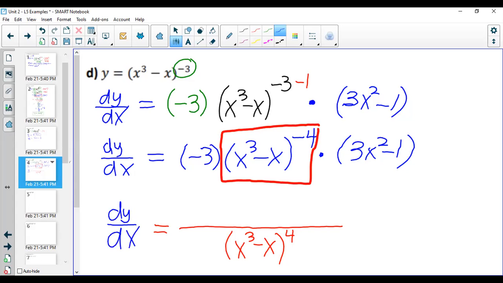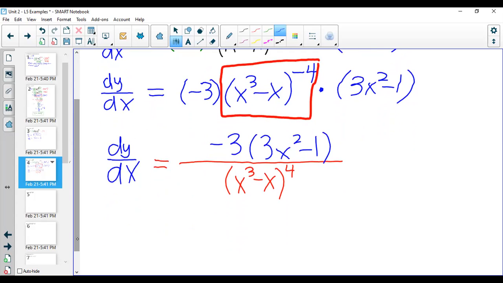And then we have a negative 3 times 3x squared minus 1. None of those have anything to do with a negative power, so we can keep those in the numerator.